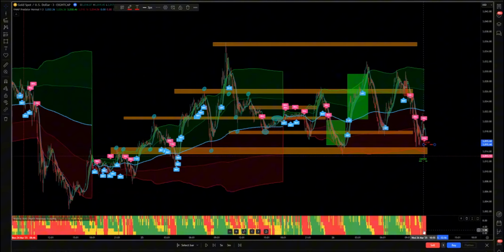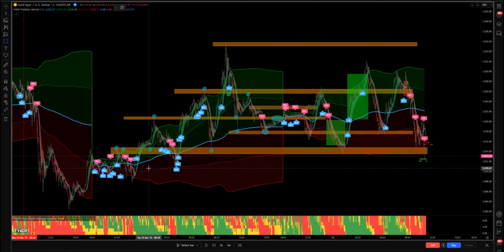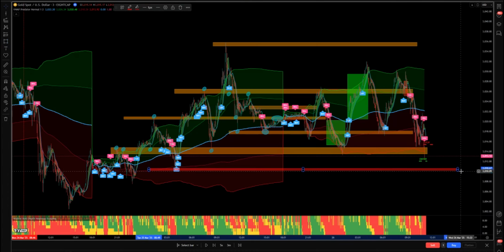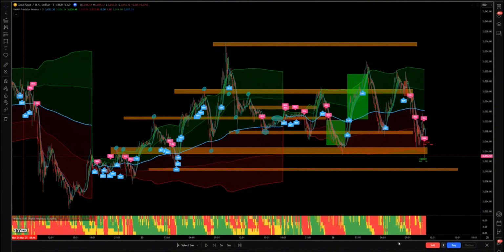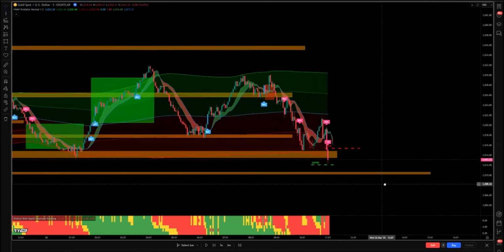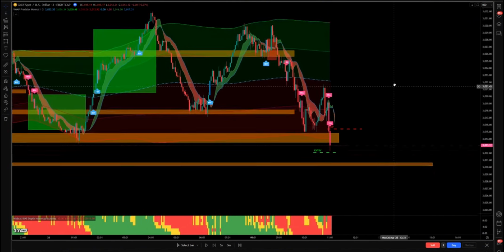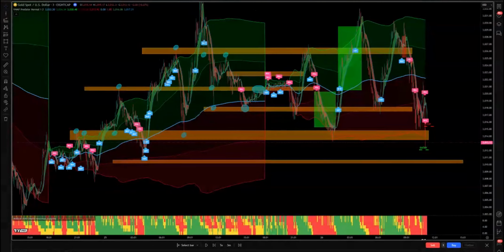Have we got anything that could be trouble? We do have a pivot at this point here. Let's draw that in. You know, this pivot here could be an issue for this particular trade. Risk reward isn't very good at that point, but it was from yesterday.